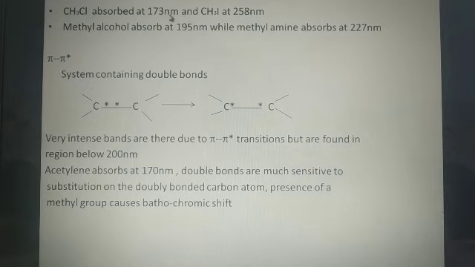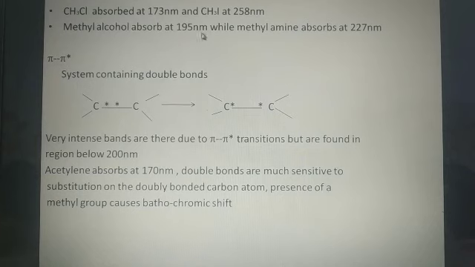Methyl chloride absorbs at 173 nanometer. Methyl iodide absorbs at 258 nanometer. Whenever oxygen is present, we know that oxygen is more electronegative, so more energy is required in comparison to amines. Amines have nitrogen, and nitrogen is less electronegative than oxygen.